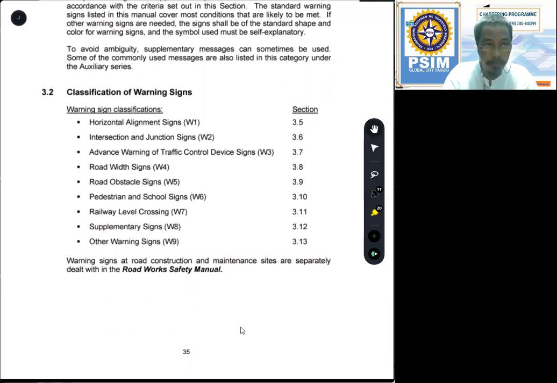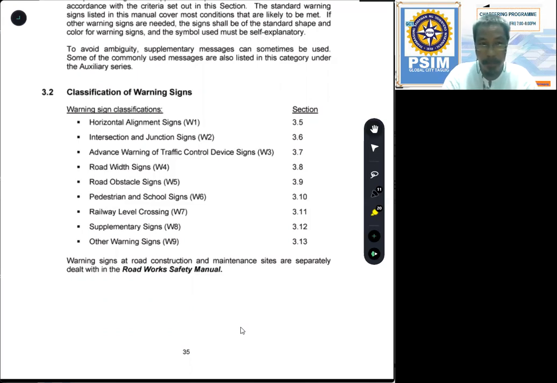Number 1, horizontal alignment sign. That is W1. So warning signs, the type W sign. Okay, we are already through with module number 2, which is the regulatory signs, type R. So we are now in type W. Horizontal alignment sign is W1. Next is intersection and junction signs, W2.